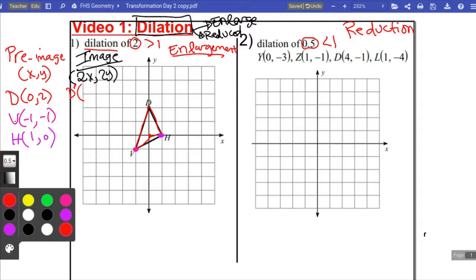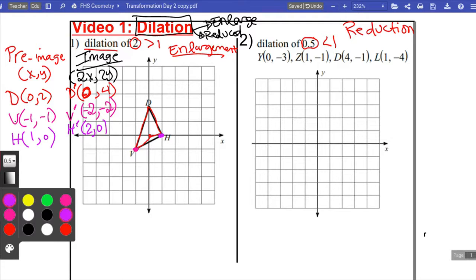D prime will be multiply those by 2. So that's 0 times 2, you get 0. 2 times 2, you get 4. Got it. Move on to V. V prime, -1 times 2, -2. -1 times 2, -2. Let's move on. H prime. 1 times 2, 2. 0 times 2, 0. All right, let's graph this thing.